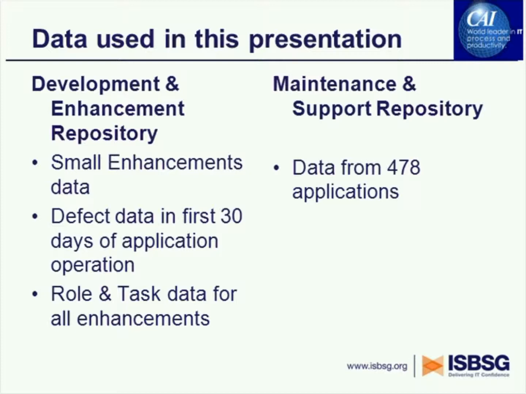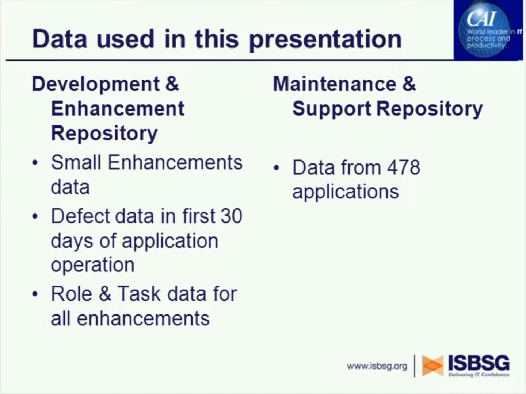So the data that I've used in this presentation comes actually from both repositories, because we have useful data in our development and enhancement repository that is helpful to people for their maintenance and support. And quite recently we've done an extract of small enhancement data out of the development and enhancement repository.